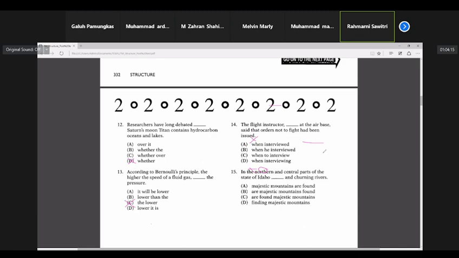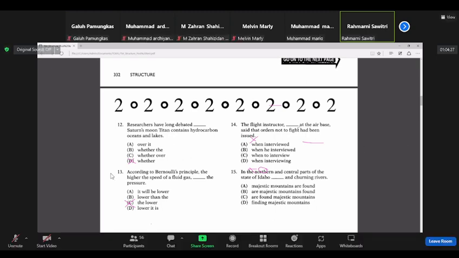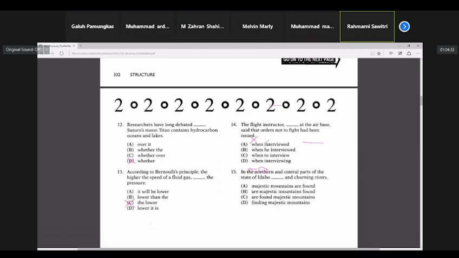Okay, so the flight instructor, when he interviewed at the air base, said that orders not to fight had been issued. Well, as we can see here, what we need is a passive form. Originally we had when he was interviewed.